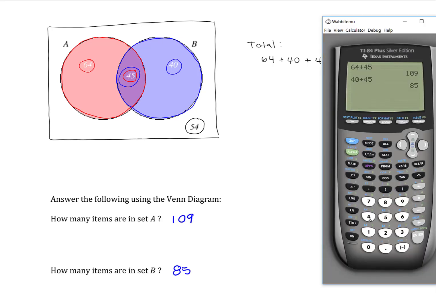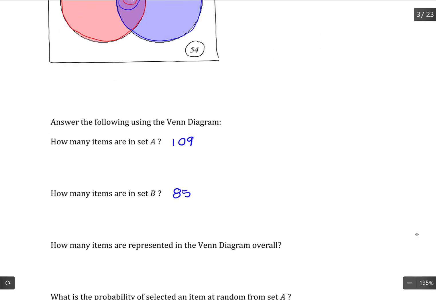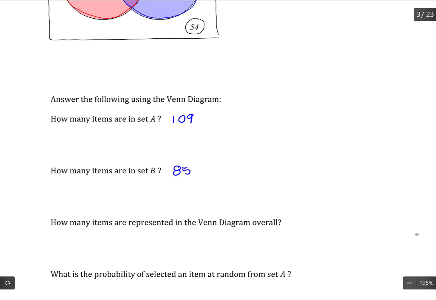The sum of all of these values, 64 plus 40 plus 45 plus 54 is 203. So there are 203 items represented in that diagram overall.